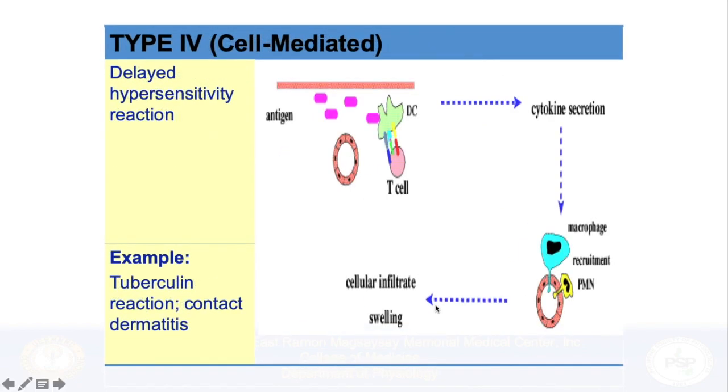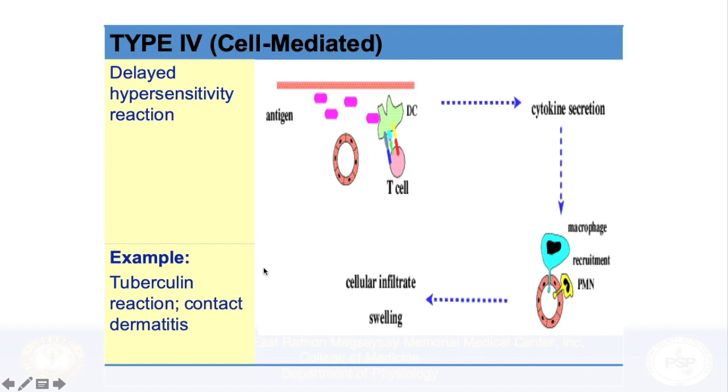Type 4 is what we call your cell-mediated hypersensitivity. So this is mediated by your cytotoxic T cell and your helper T cell. What happens here is that there is a delayed type of reaction because there is activation of the T cell.